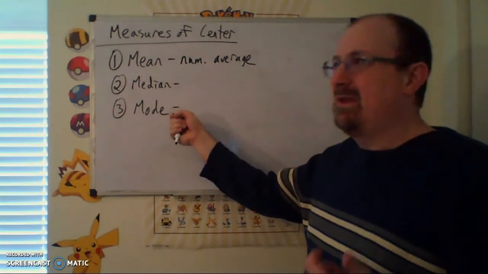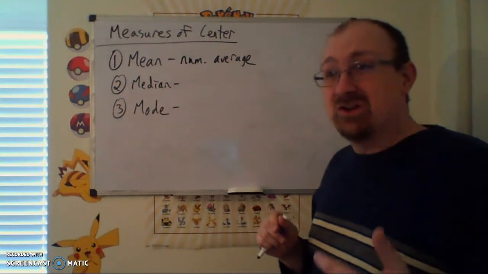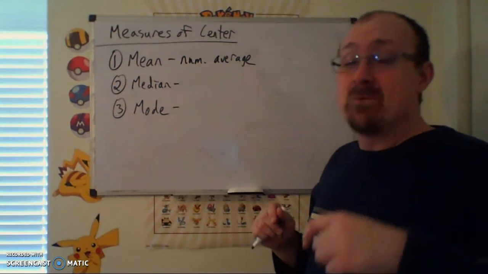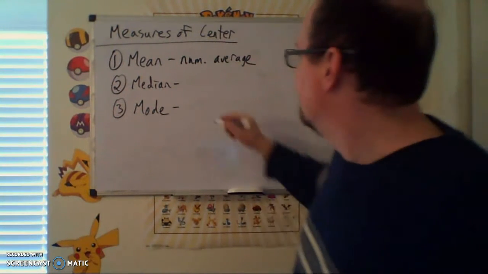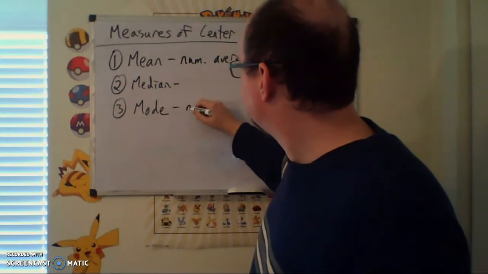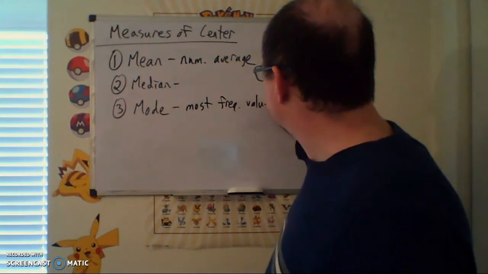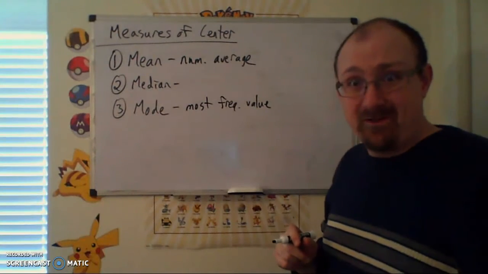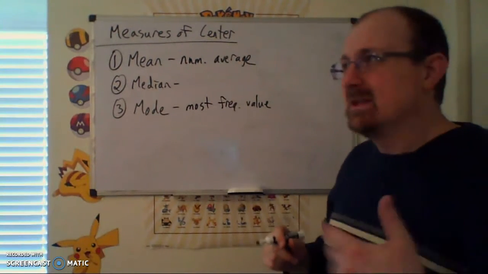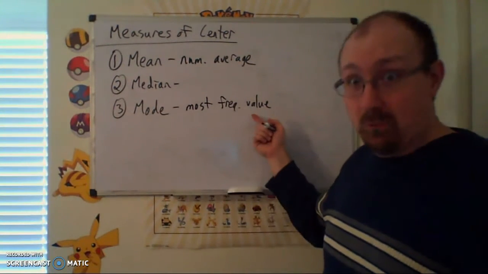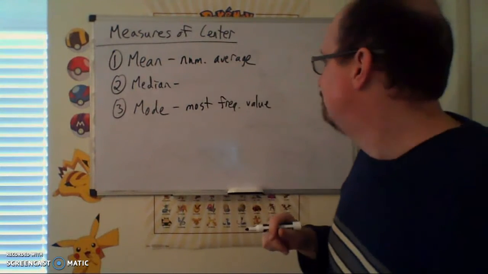The mode is usually the next thing people might mention, because it's the idea of what shows up most often in your data set. So if you were thinking about this in terms of what we talked about in the last section with grouping data, if you have individual values, it's the one with the highest frequency.